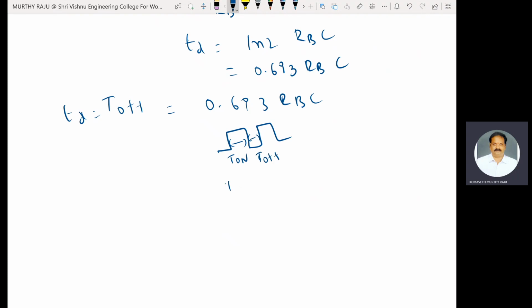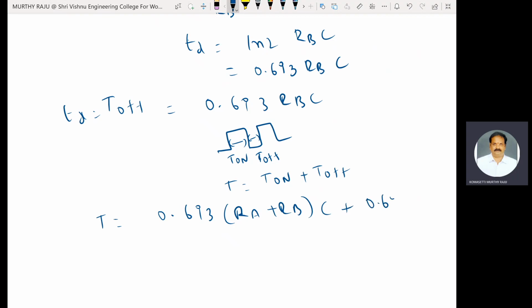Therefore, total time T is equal to T on plus T off. T on we know is 0.693 RA plus RB into C, and T off is 0.693 RB into C. 0.693 into C is the common term, RA plus RB plus RB.